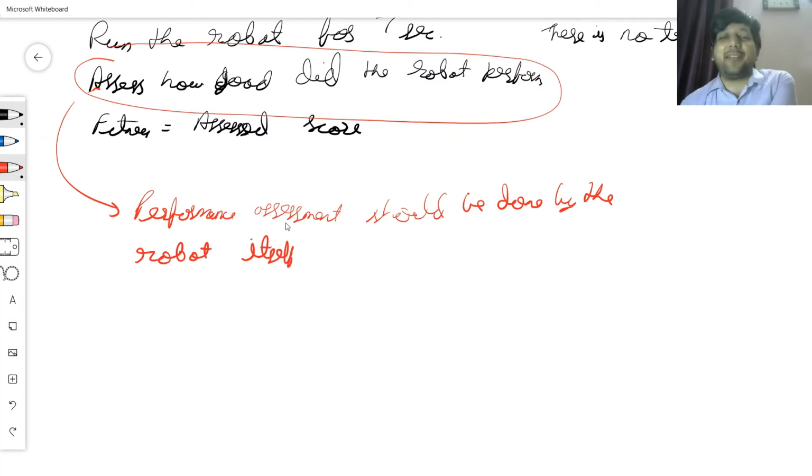It's a computer program. Whatever a computer program can do, it can do. It's eventually a Raspberry Pi, Arduino, whatever. It's an embedded system. So performance assessment should be done by the robot itself. However, the caveat is using only onboard sensors.